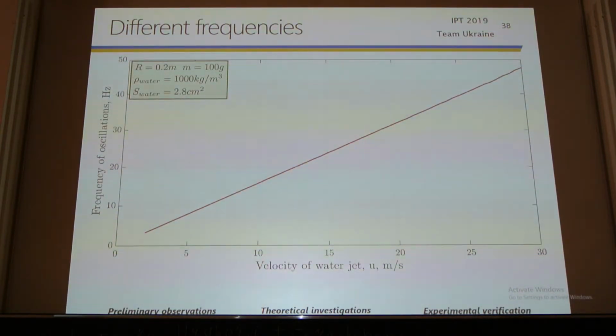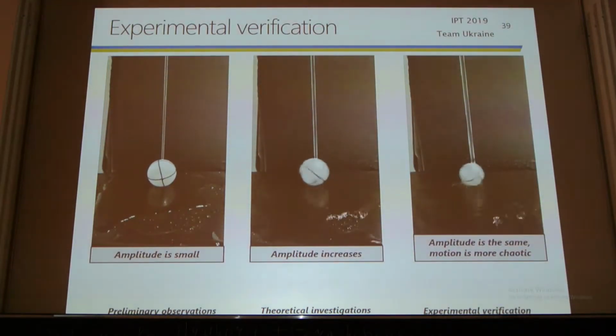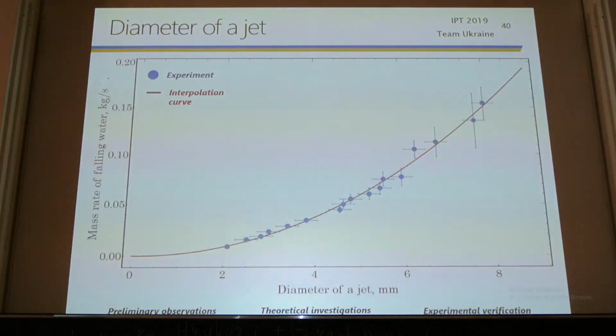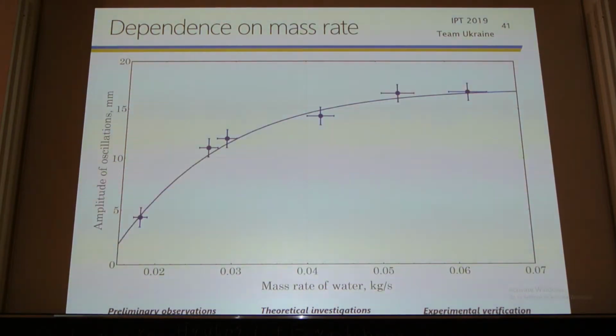And here you can observe our oscillations in different cases, and we change the mass rate, and because of the change of the mass rate, we change the diameter of the jet, and thus we find the dependence. So here you can observe the dependence of amplitude and frequency on the mass rate.